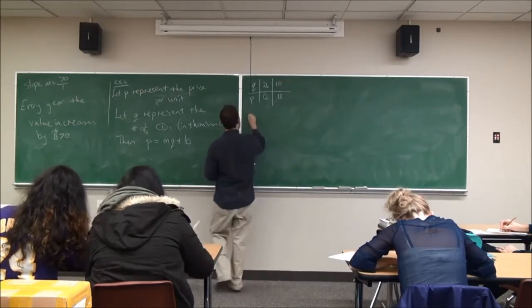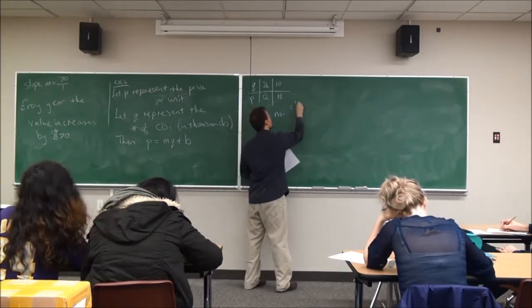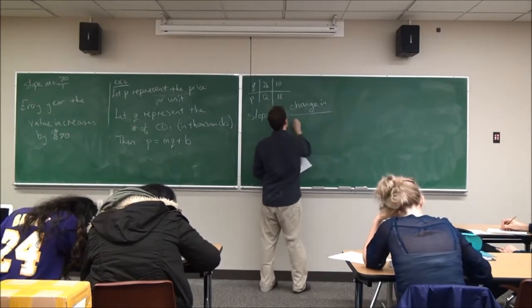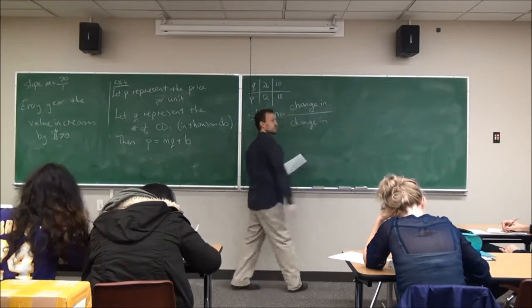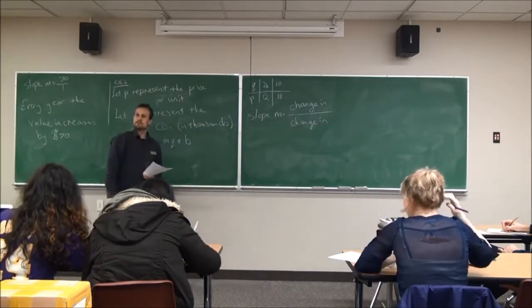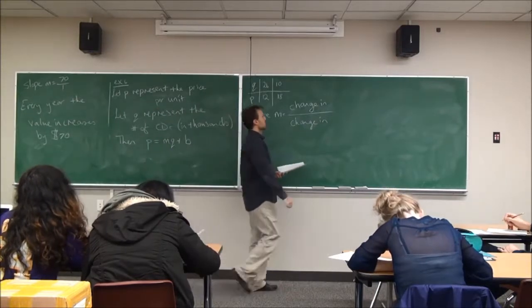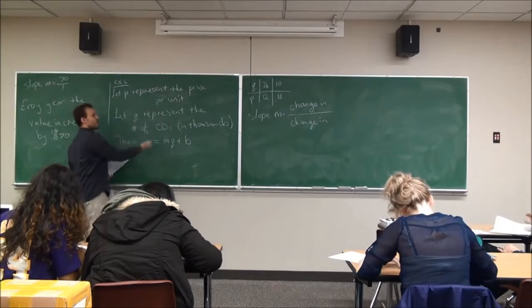So let's find the slope. M, I remind myself, it's change in what over change in what. Which one's at the top? Y. There's no Y or X in it.